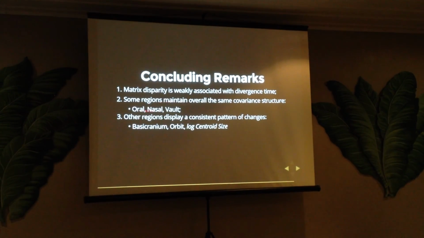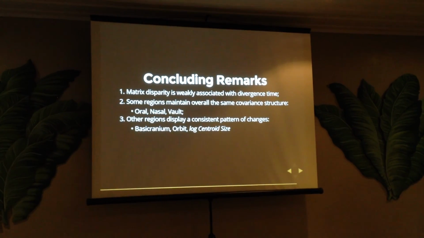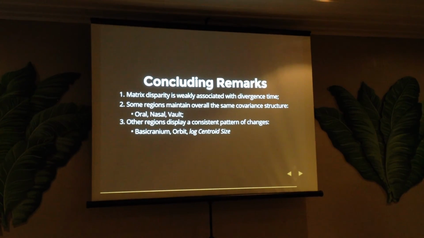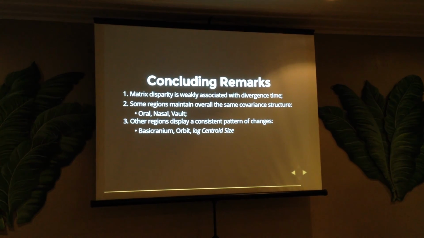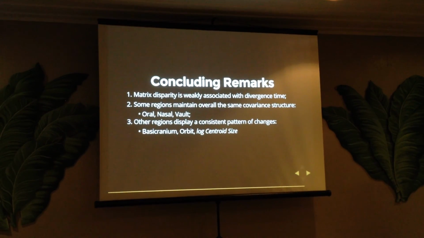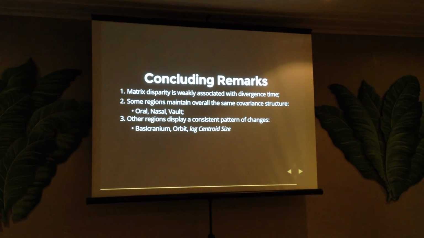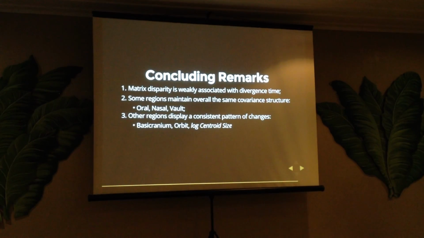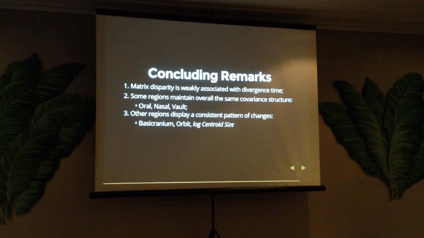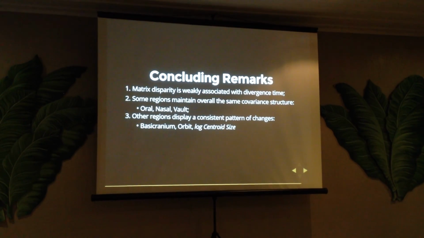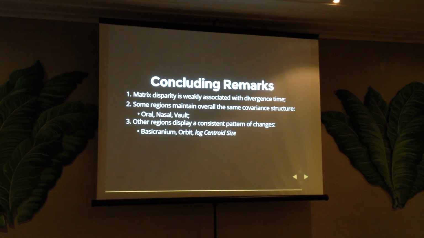These regions, you may think of them as tightly integrated in terms of both functional and developmental interactions. But the other regions you may understand not as tightly integrated through development and function, but with some sort of heterogeneity, especially the basic cranium, since it is assembled through tissues of multiple developmental origins, and it displays a complex pattern.